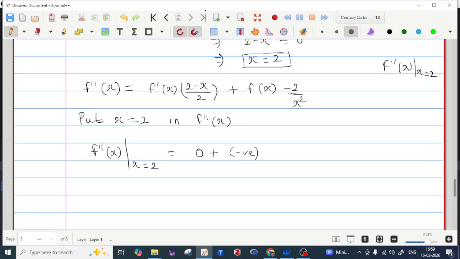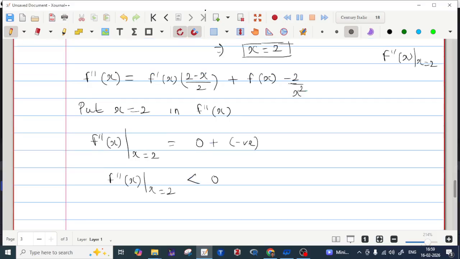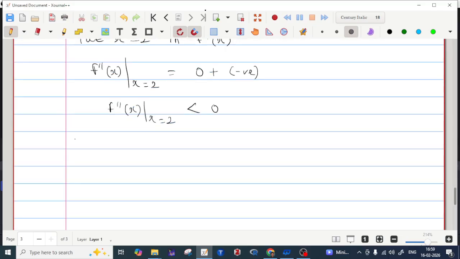So f double dash at x is equal to 2 is less than 0. Therefore, by the definition of mode, x is equal to 2 is the mode. So this way we have to obtain the value of the mode.